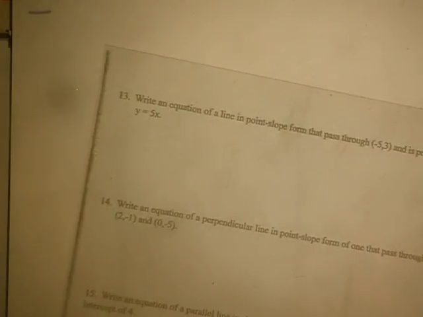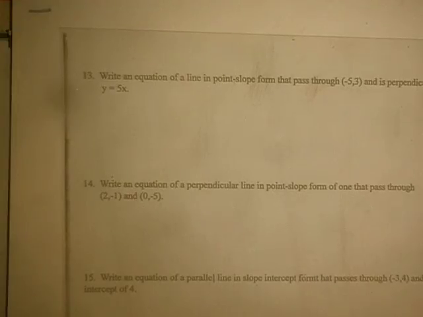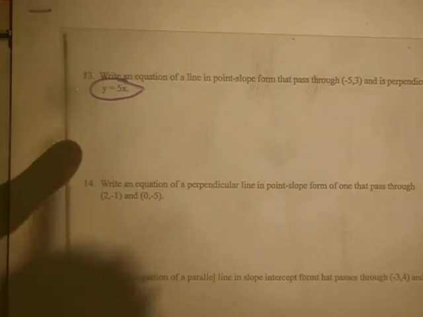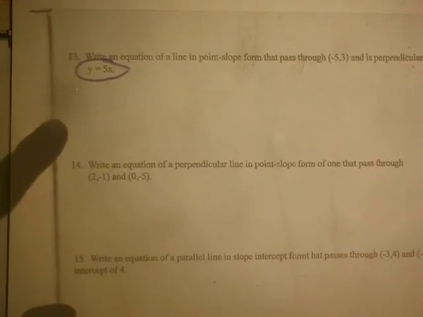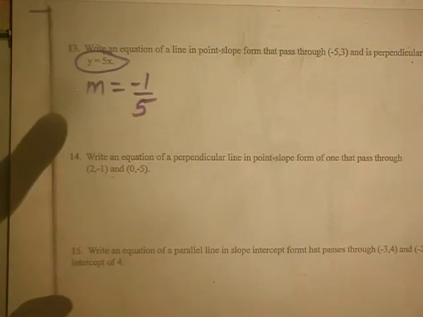On the back side we have more equations. Write an equation of a line in point slope form that passes through 5, 3 and is perpendicular to y equals 5x. We want perpendicular to that, we need to do the negative reciprocal. So our slope will be negative 1/5.